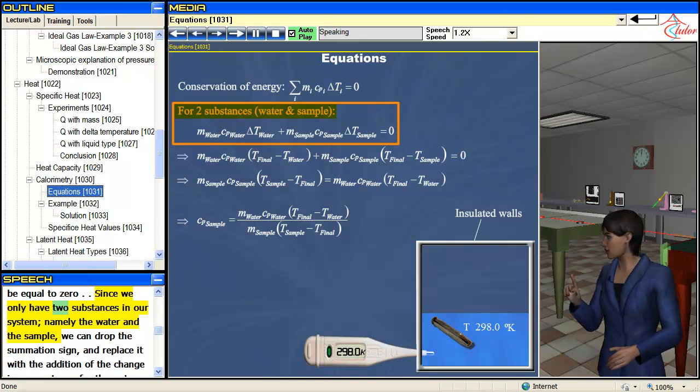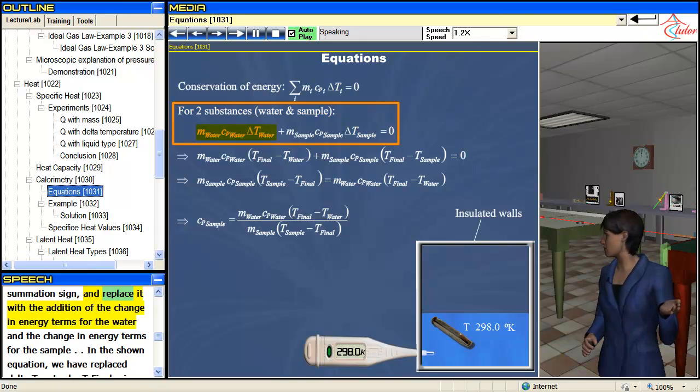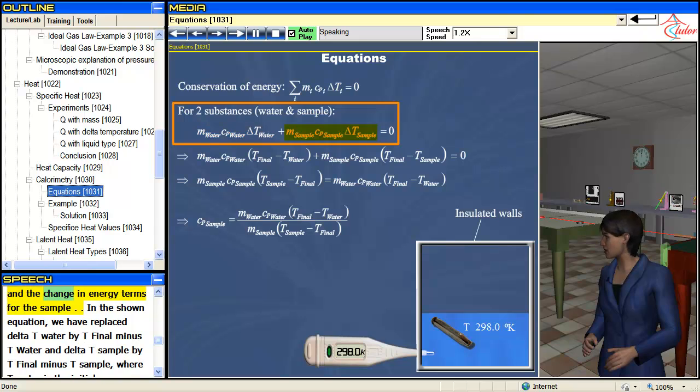Since we only have two substances in our system, namely the water and the sample, we can drop the summation sign, and replace it with the addition of the change in energy terms for the water and the change in energy terms for the sample.